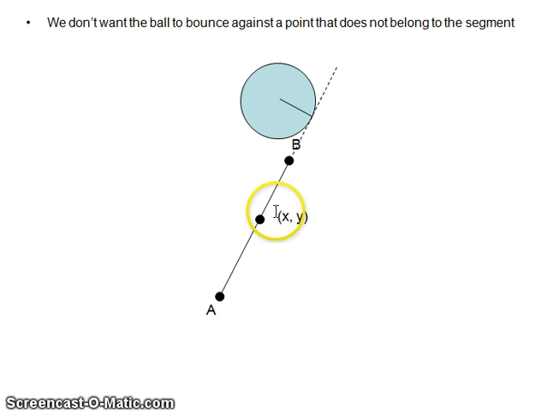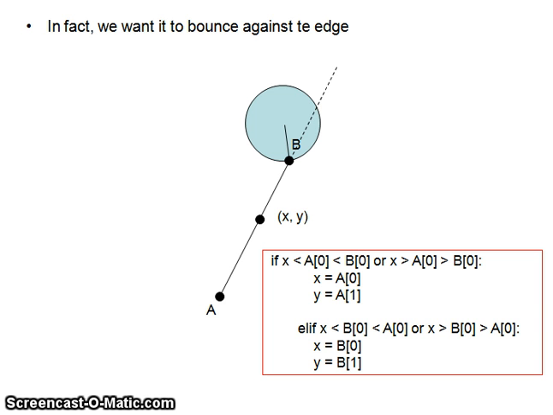So what we don't want is the ball to bounce against an invisible line that is not part of our wall here. The way to accomplish that is to say, hey, if the point I found is bigger or smaller than A or B, I choose A or B instead of this point.